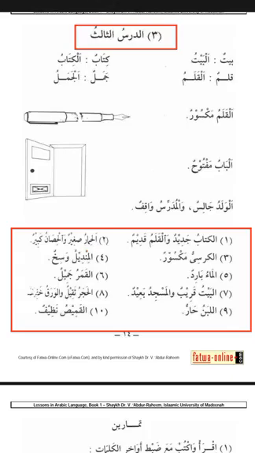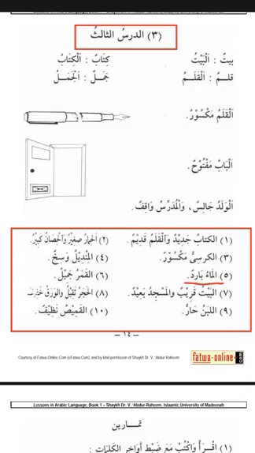Number 3, al-kursiyu maksurun, the chair is broken. Number 4, al-mindilu wasikhun, the handkerchief is dirty. Al-mindil is mubtada, subject, while wasikhun, dirty, is khabar.